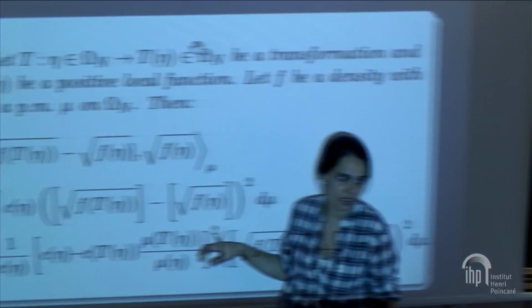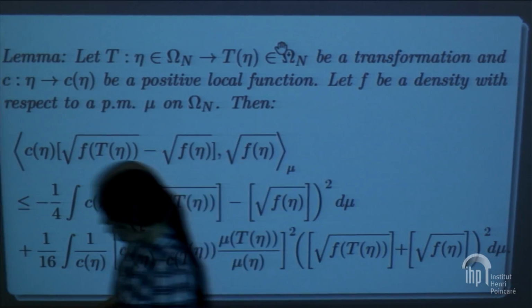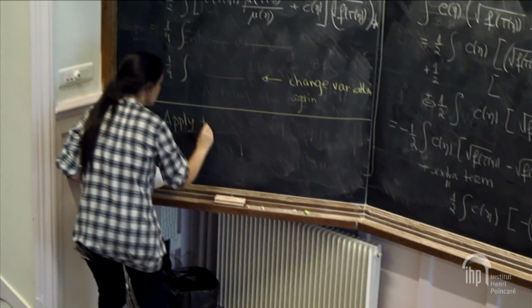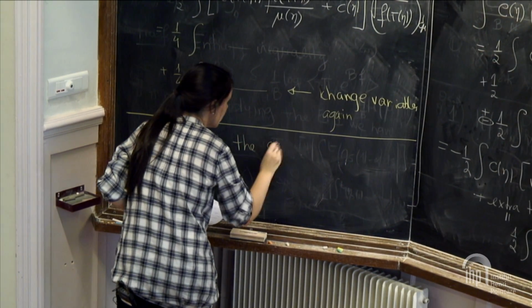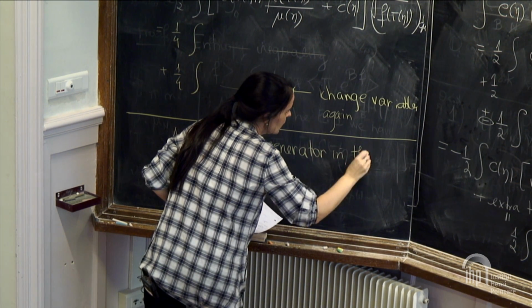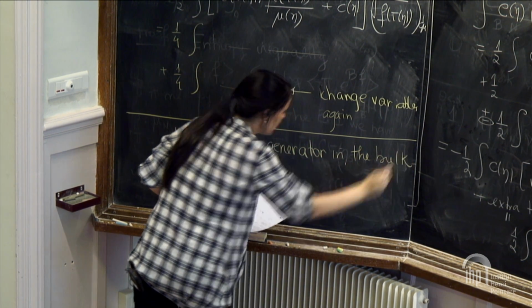Okay, and there is a square here. Okay? So if you do that, when I apply this to the generator in the bulk, I get the following error.